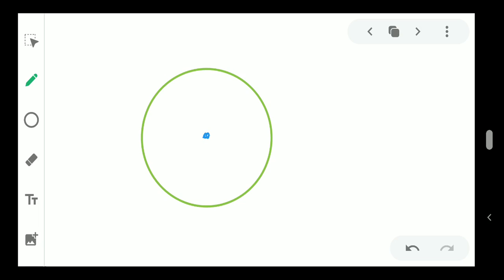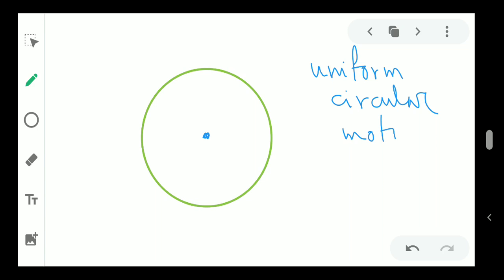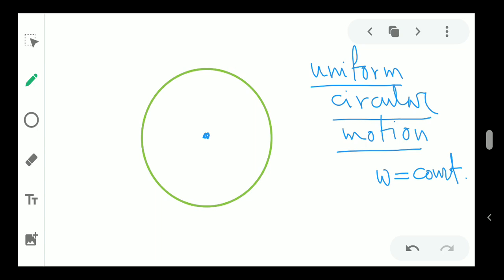Now if the speed is not increasing, that means for uniform circular motion, you have seen one kind of acceleration is always there, though in uniform circular motion omega is always constant, that means omega is not changing.